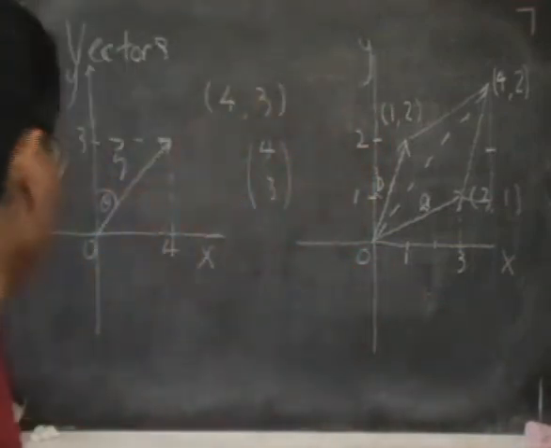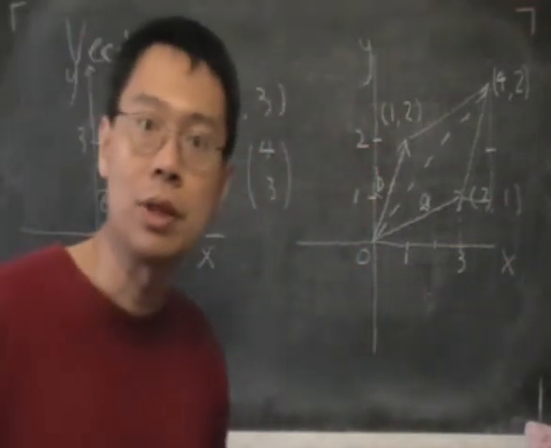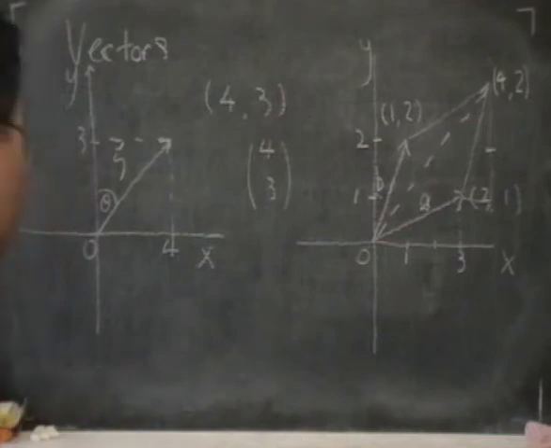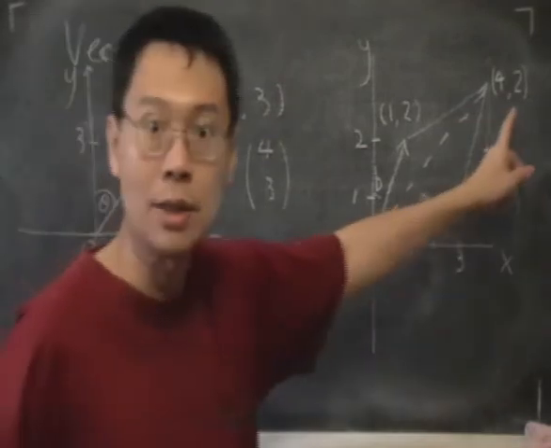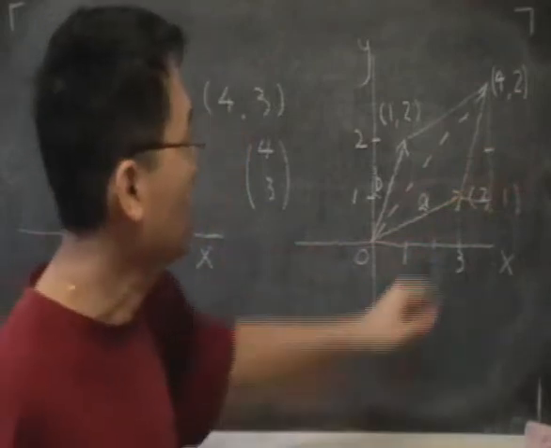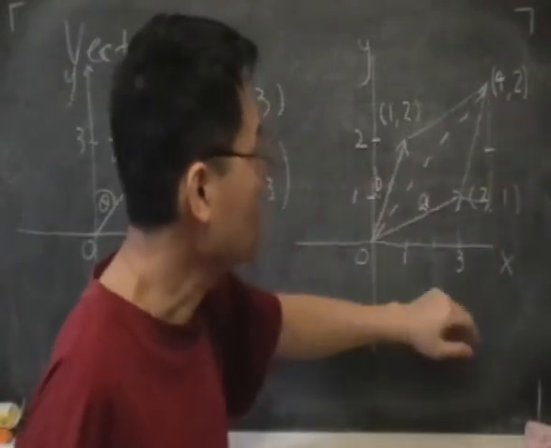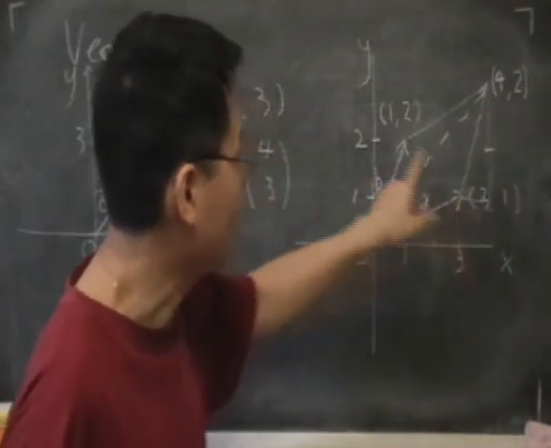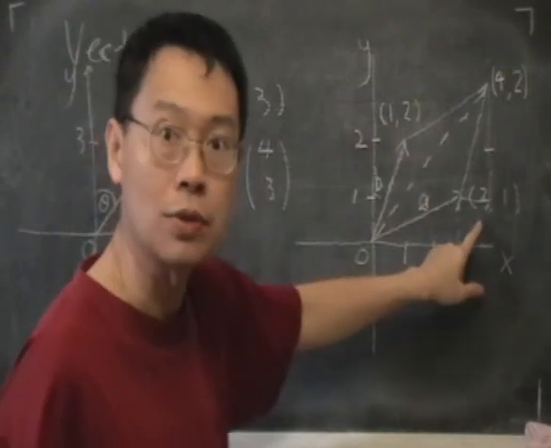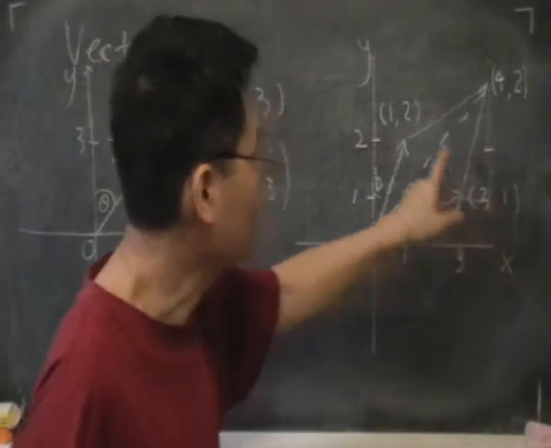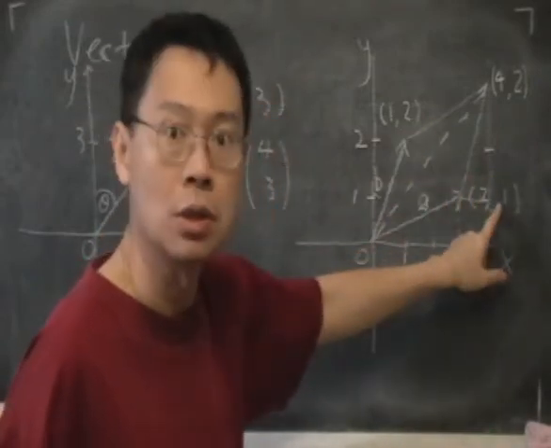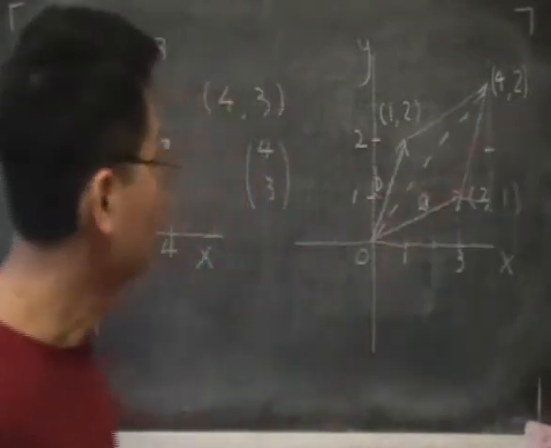Alright, and this gives us a very simple way to actually find the answer. You just see that what I've simply done is to add the x values of the two vectors to get 4 and the y values of the two vectors to get 3.